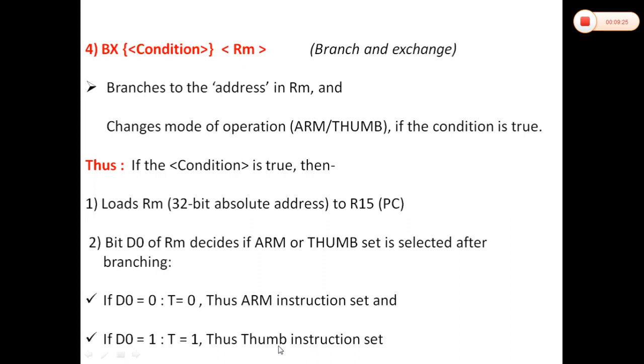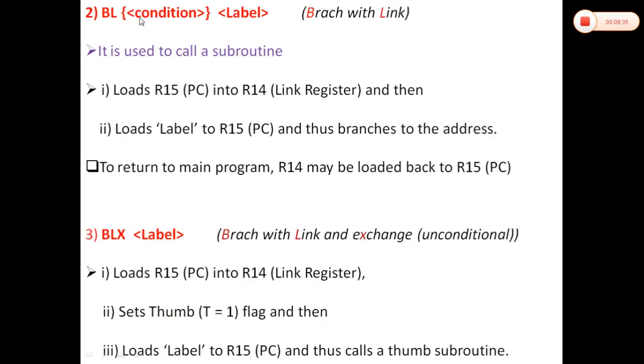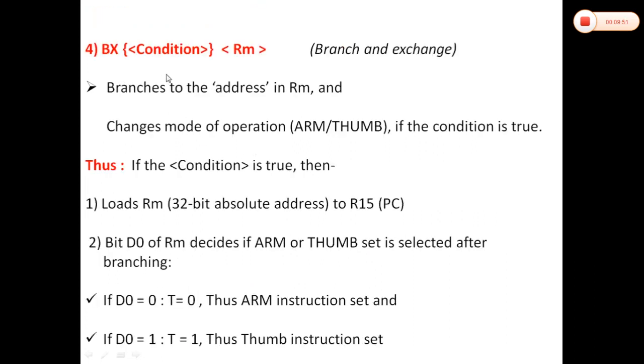Okay, so these are the different kinds of branching instructions: conditional branching with relative addressing, branch with link for calling subroutines, either plain branching with link or branch and link with exchange. So this is used to call a thumb subroutine, or simply branch with exchange. It may go to the instructions which may be either ARM instructions or thumb instructions depending upon the bit D0 of this RM.